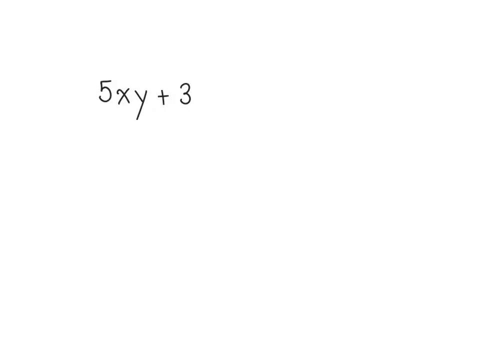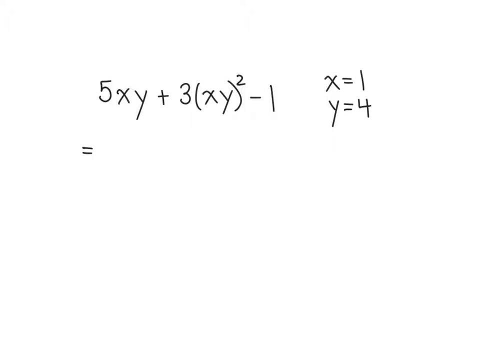Okay, plus 3, let's say xy all to the power of 2 minus 1. Crazy. Okay, there's our expression. Now I better tell you what x and y are. I'm going to say x is 1, because that sounds nice. And I'm going to let y equal 4. So those are the values of our variables.